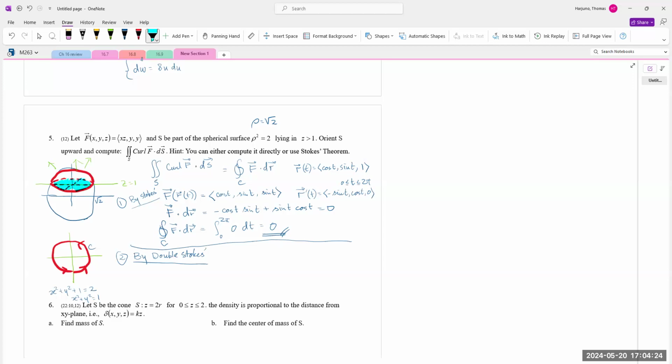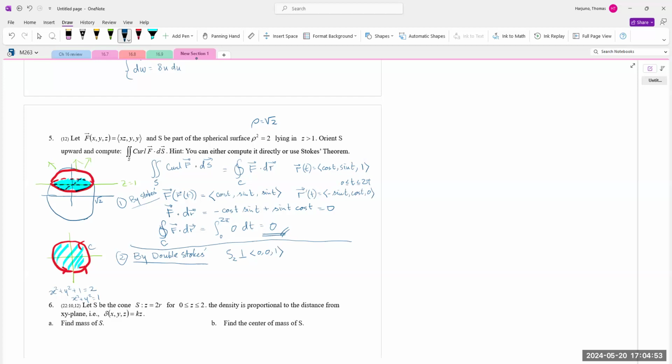Notice that this surface z equals 1 has the same boundary as the original surface S, right? The orientation is upward. So S2 has normal 0, 0, 1.